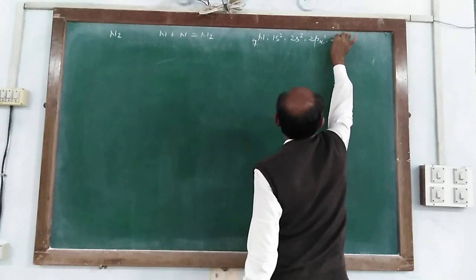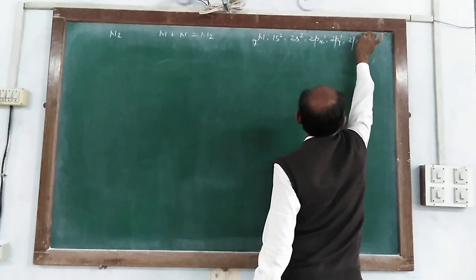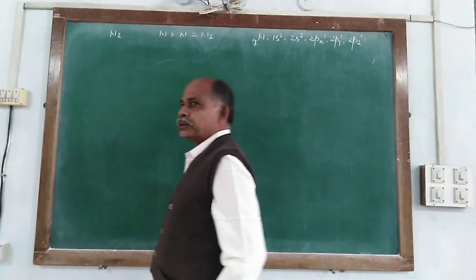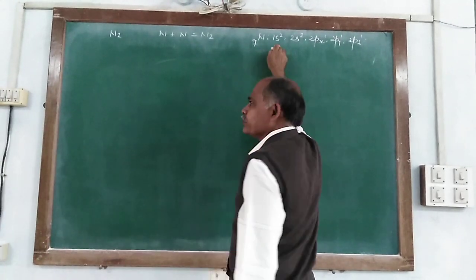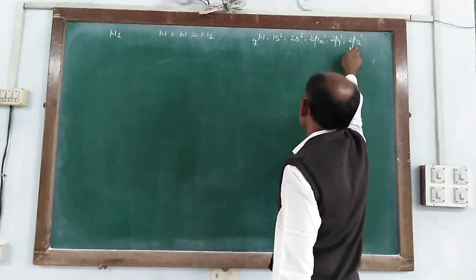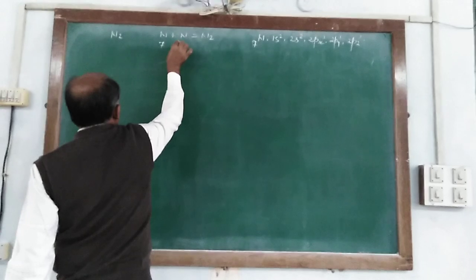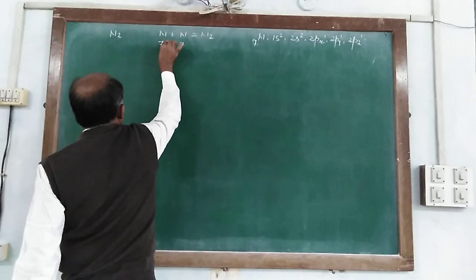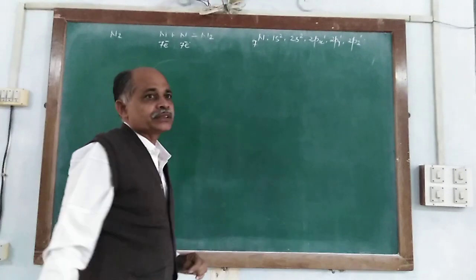2px1, 2py1 and 2pz1. So each nitrogen has the number of electrons 2 plus 2, 4 plus 3 is equal to 7. So here 7 electrons, and the other atom also has 7 electrons.